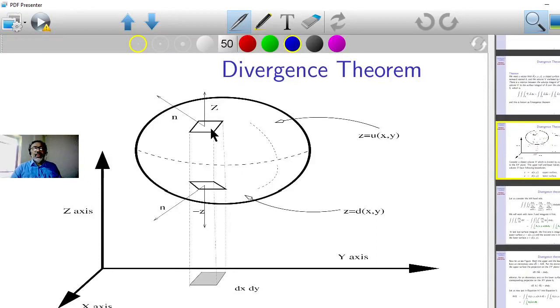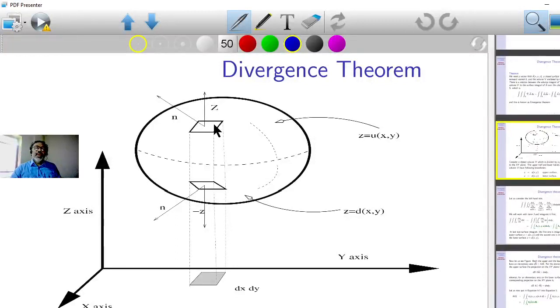And let us consider two elementary differential surface elements, one in the upper half, one in the lower half. In the upper half, n is the normal to the surface, which gives the direction of the dS vector. There is a differential area vector that has the direction of n, and this is the direction of the z-axis, that is the direction of k, with i, j, k the three unit vectors. So this is the k direction.